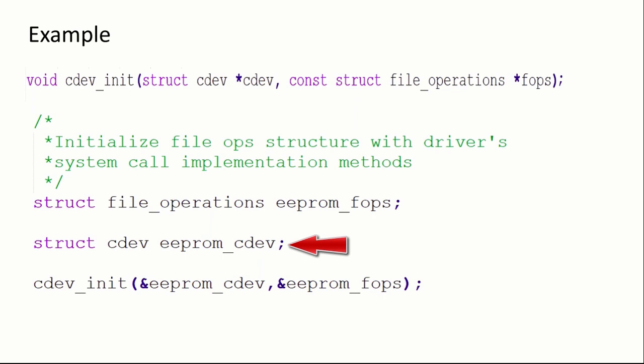If you are managing 10 devices, then you may have to create 10 cdev variables. But in this case, we are handling only one device, so I would create only one cdev variable. And then by using cdev_init, you have to pass the pointers of those variables.